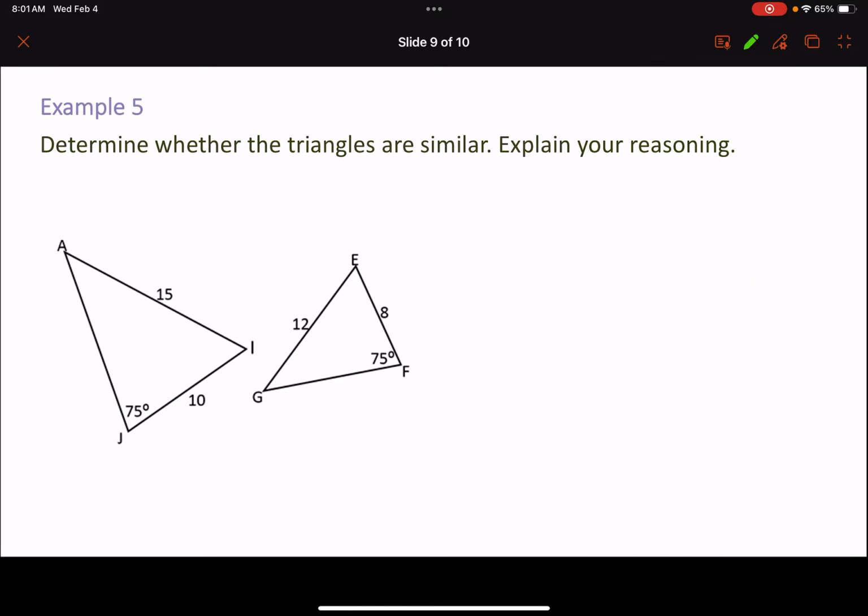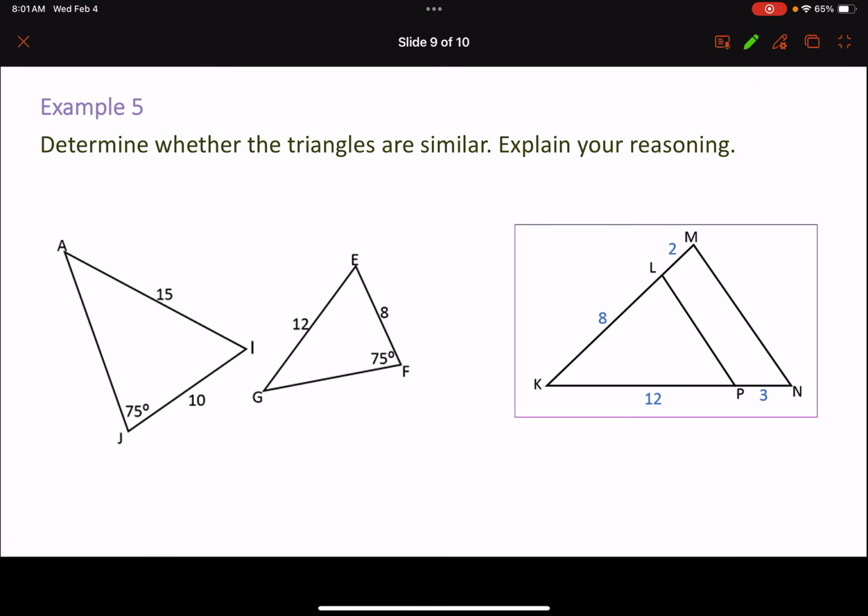So let's see an example of that. If we're determining whether these are similar, we have to make sure that we have two sides and the included angle, the two sides proportional, the included angles equal. So I see this angle, 75 degrees, is equal to this angle that's 75 degrees. But before I even bother to set up my proportions, I notice that one of the sides that includes that angle is 75, but I don't know the other one.